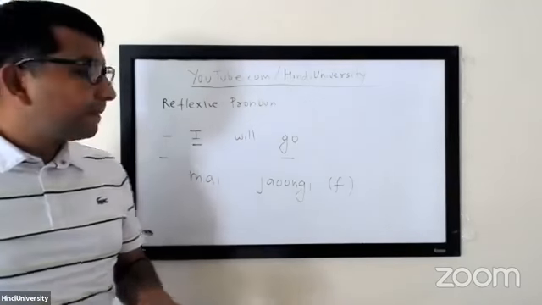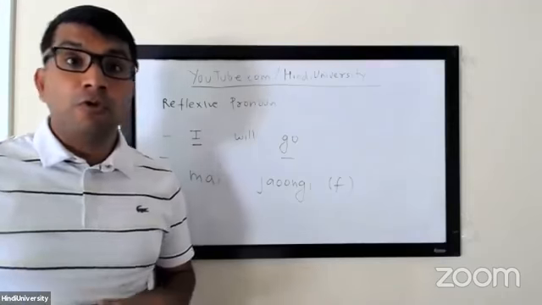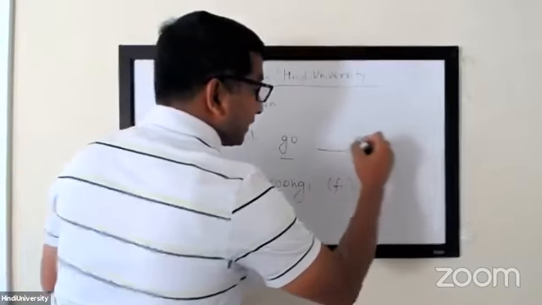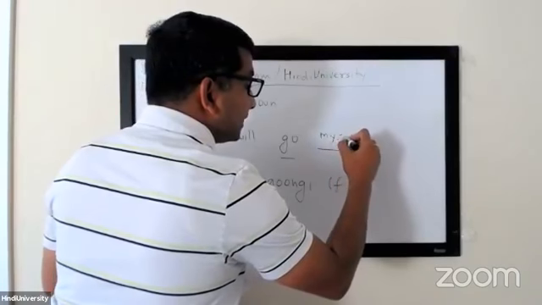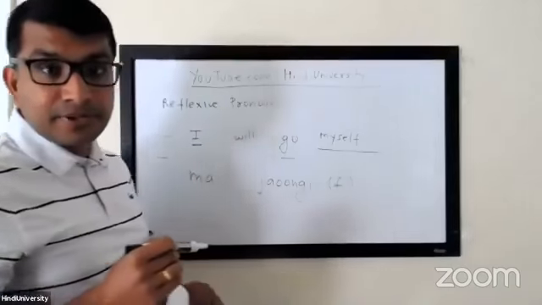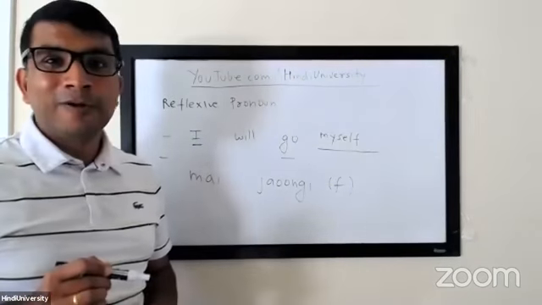No problem here. It's a very simple sentence. I will go. Sometimes you want to stress that I will go myself. I and myself are referring to the same person. How will you say that in Hindi now?